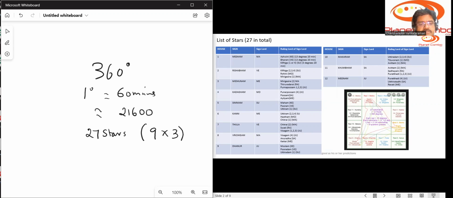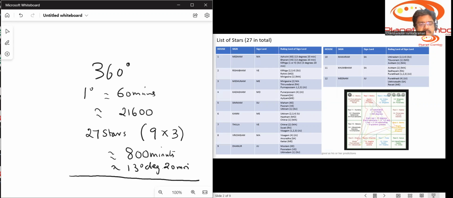So every star will own 800 minutes of the circle. In degrees, it's 13 degrees 20 minutes. So this is the mathematical basis of dividing the astrological circle, or the zodiac circle, into stars.